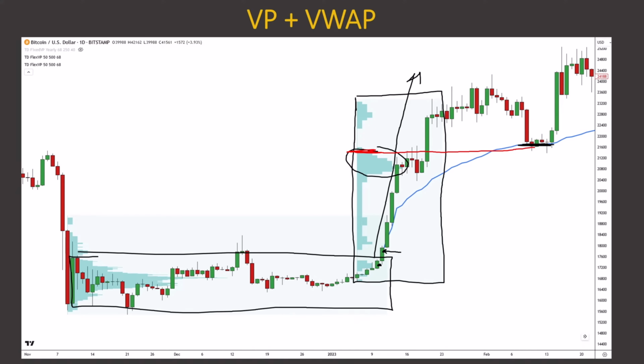By the way, if you look closely here, there's also this little reaction which means there was a resistance in the past. Let me try and draw a straight line here. And this resistance turned into a support when the price breached that resistance.